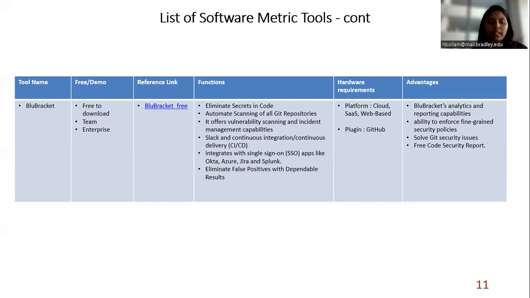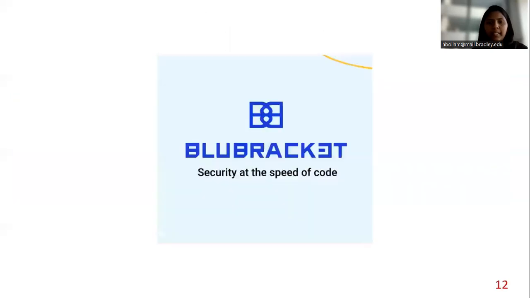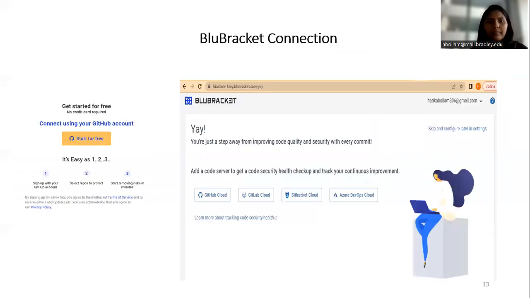And we are going to see the features of Blue Bracket in detail. So Blue Bracket is mainly for security at the speed of code. So we'll start with how to connect Blue Bracket.